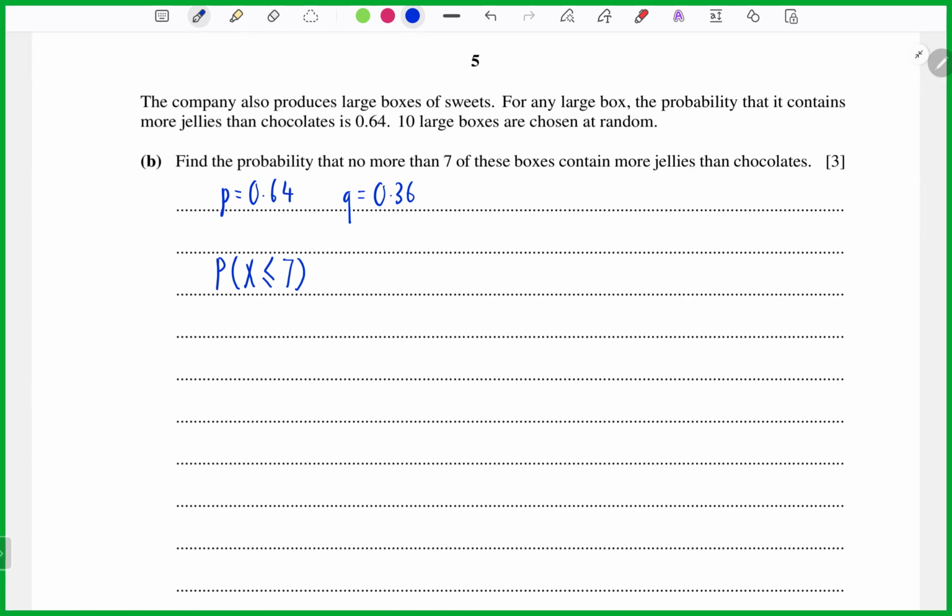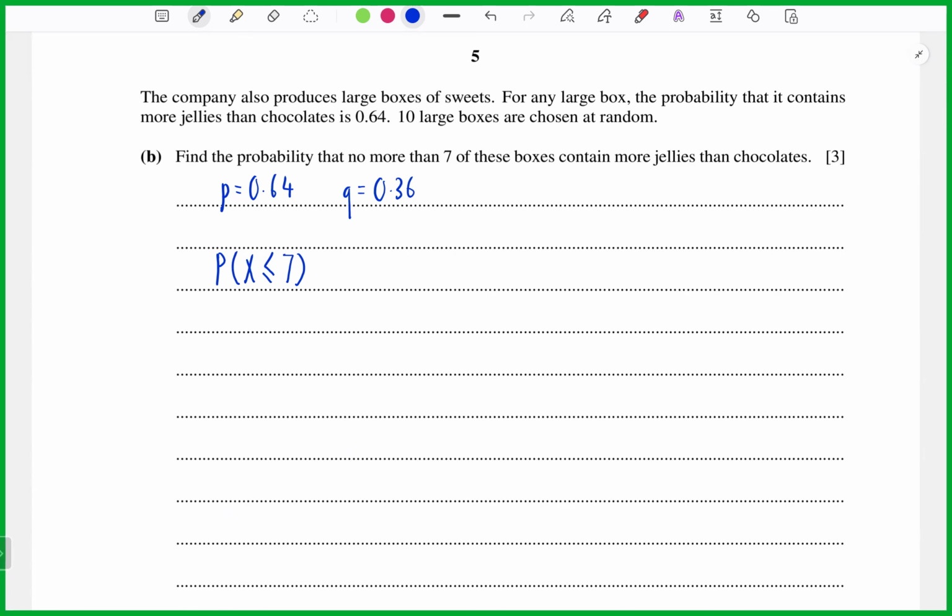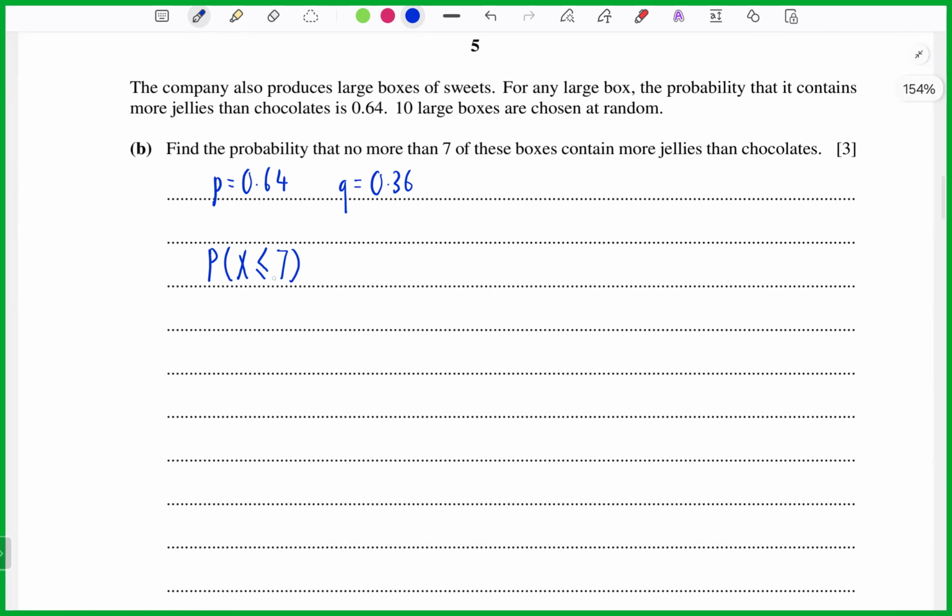Now I think you should be careful here. Because it's no more than 7, I write here, and then we can think about when x is more than 7. Because the maximum is 10, right?